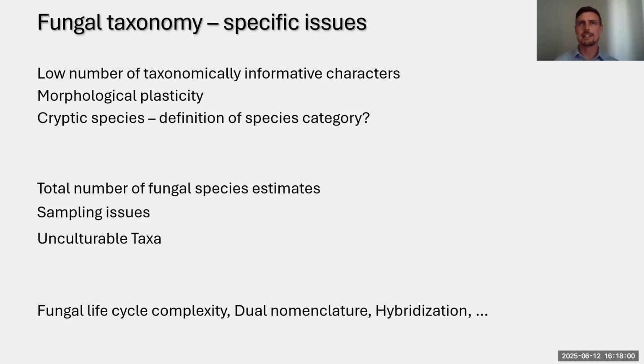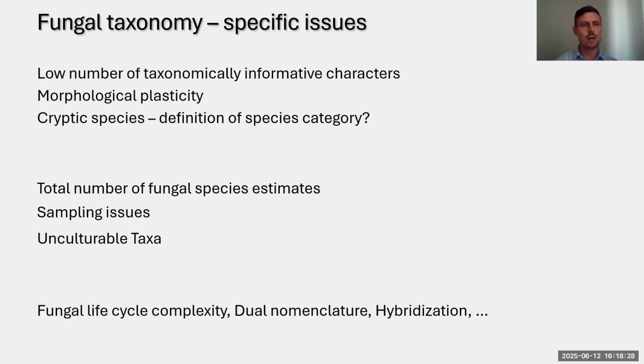It's not possible to just go to nature and try to sample a specific species. So this is of course again complicating the taxonomic work and the species delimitation work in particular.